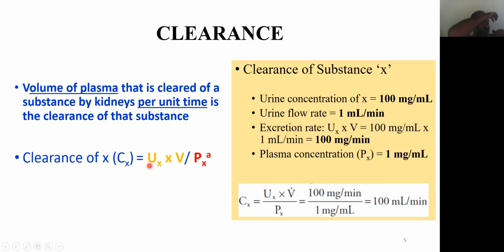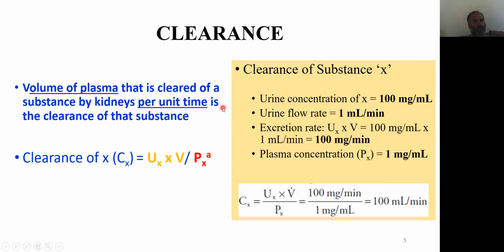You can just take a sample of urine and measure how much substance X is contained in it, multiplied by the rate of urine formation. In a normal person at rest, it is generally around 1 ml per minute. So that is also known. You multiply these, you get a value over the plasma concentration of this substance X. So all of this is known. You get whatever value that you get. We will look at this example in a bit. Whatever value you get here is basically the clearance of that substance from the plasma.